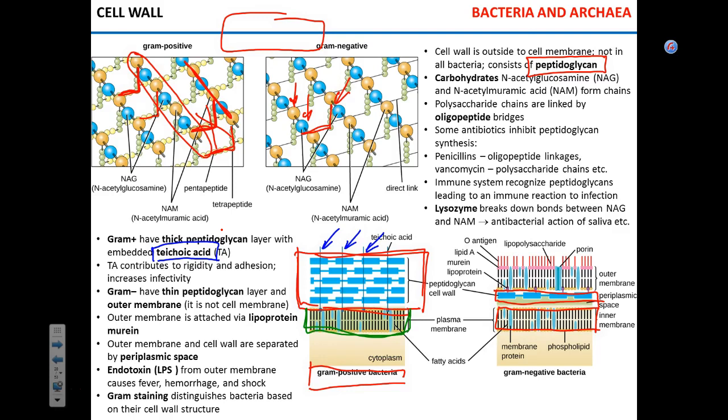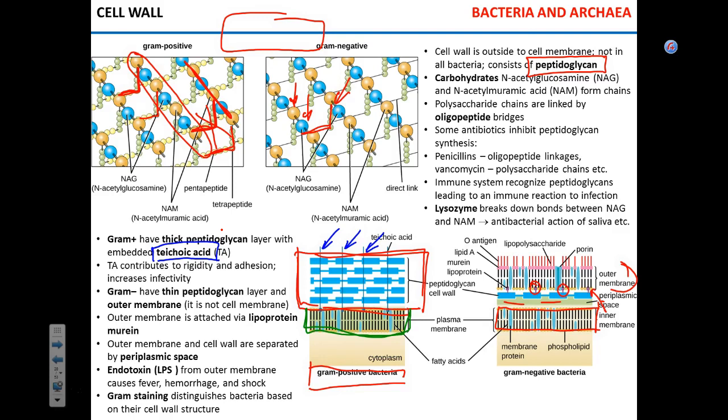And then in gram-negative microorganisms, there is a third layer. It's called an outer membrane. So there are two membranes, the plasma membrane and the outer membrane. The membrane is attached to the cell wall through the protein called murein, these tiny little purple things.